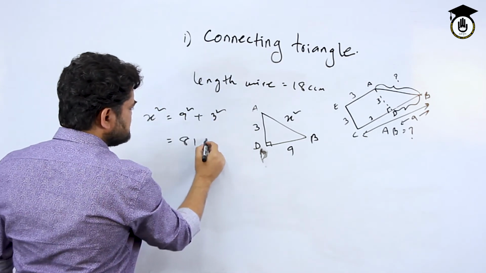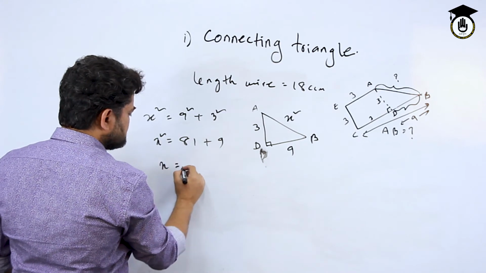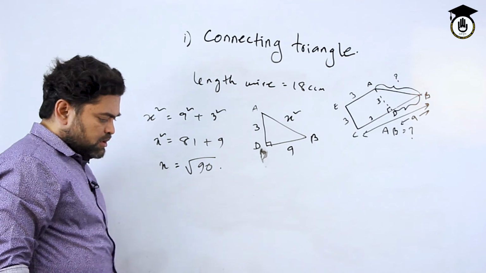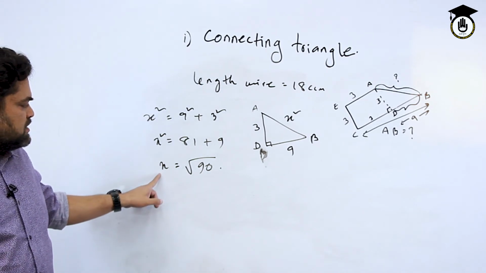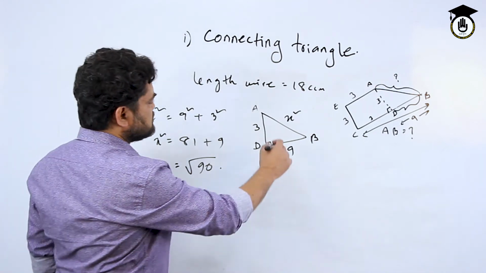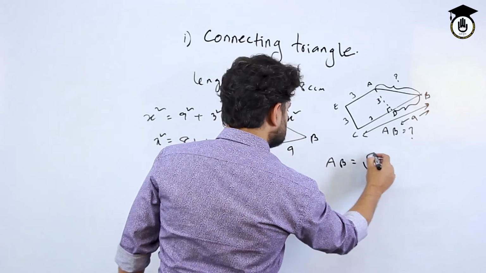It's very easy, 81 plus 9, so that is X squared. 81 plus 9 is 90. So X squared equals 90. Removing the square, it's root 90. So I can write my answer that AB is equal to root 90.